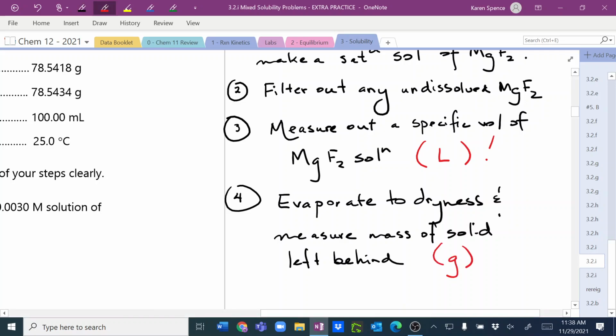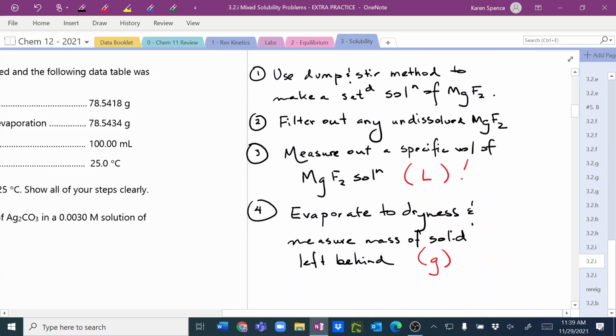And that's going to be grams. Oh, guess what? Now you've got grams per liter. You could convert that to moles per liter if you needed to. Now you have a solubility in moles per liter, and you could find your KSP.